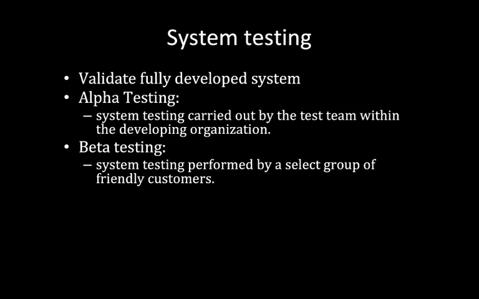Even WhatsApp has a set of beta testers, so that whenever some modification is done, that beta version will be released first. Those friendly customers will be testing it and reporting bugs, and only after that will they release the final version of the software.